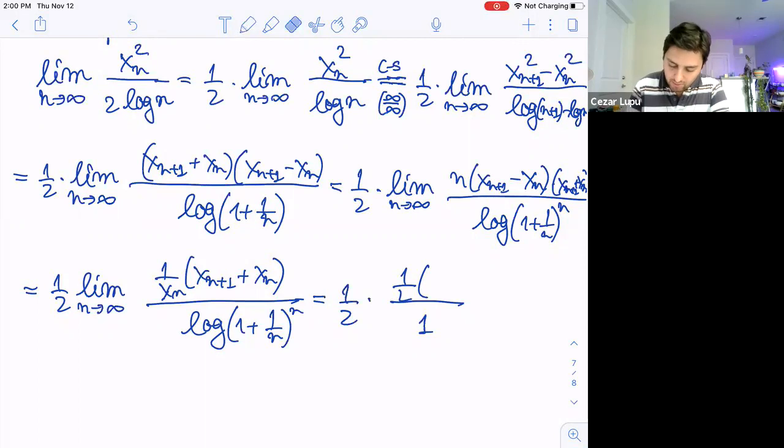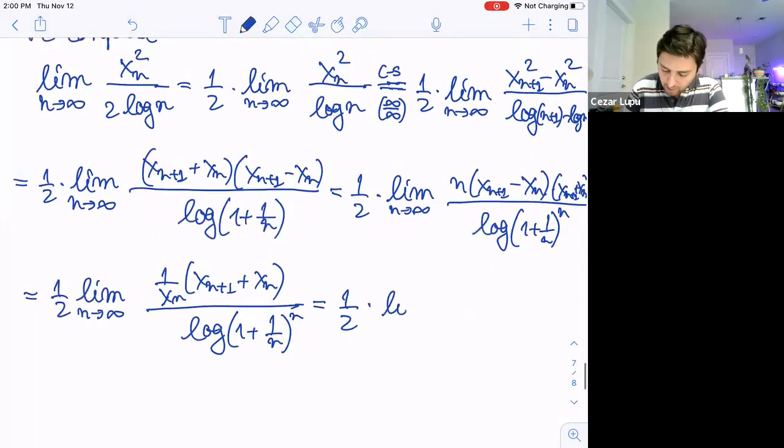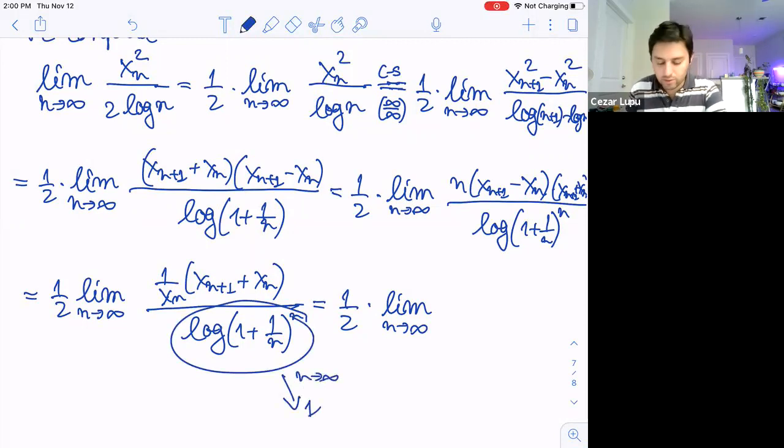Wait. Let me be careful. Let me rewrite it. So this would be the limit. So the bottom is 1. So this guy will converge to 1, so I can get rid of it. So the limit of the quotient is the quotient of the limit. So this will be the limit of 1 over xn times xn plus 1 plus xn.